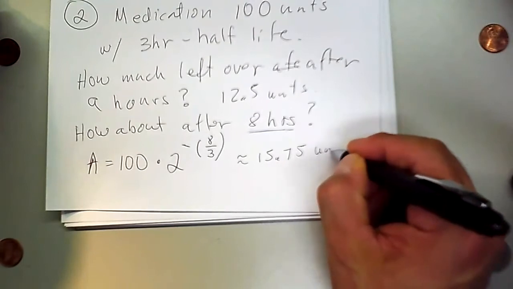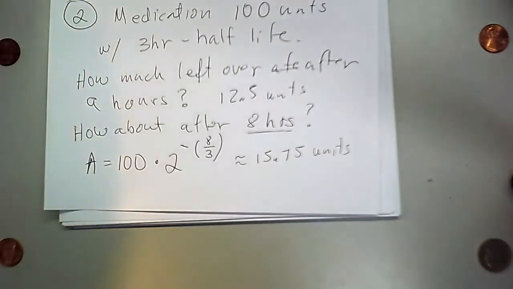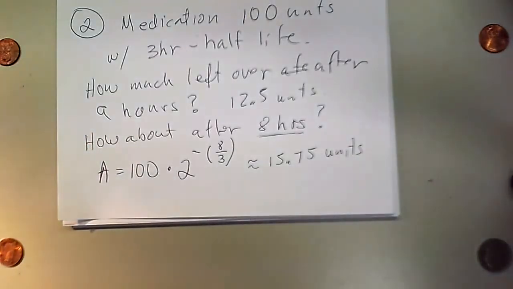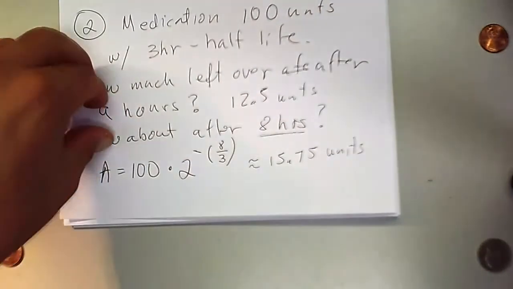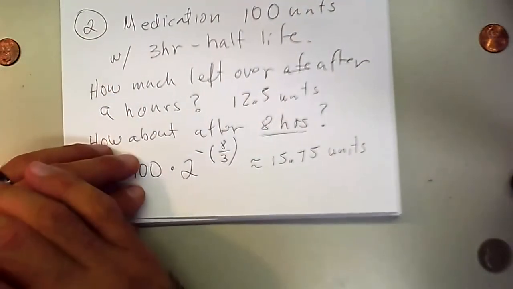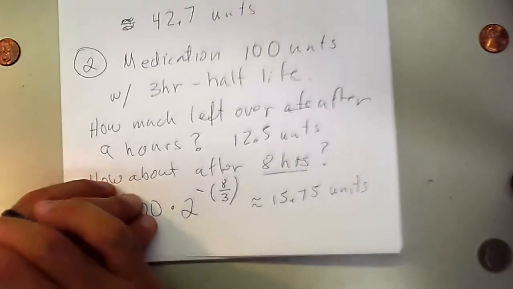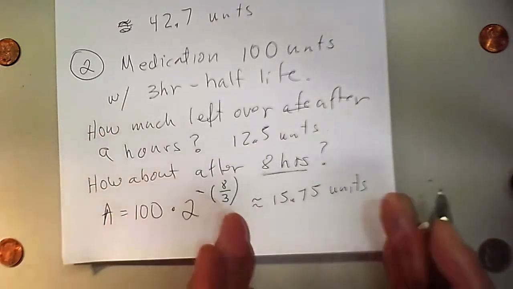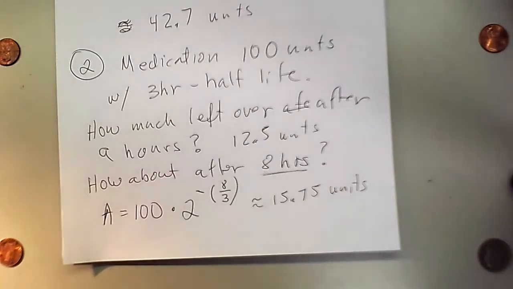So this is about 15.75 units. And you may be asking, well, how much should I round it to? In chemistry, that is very important. That has to do with significant units. And there is a process, and there is a very, very specific way of knowing how far we have to go.